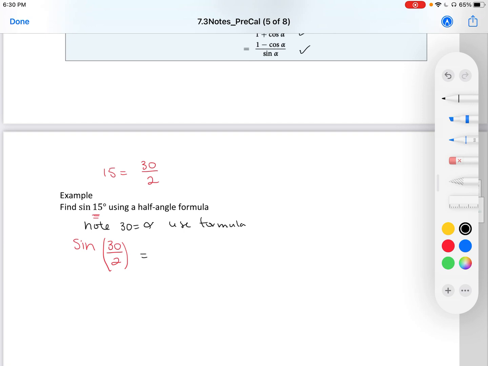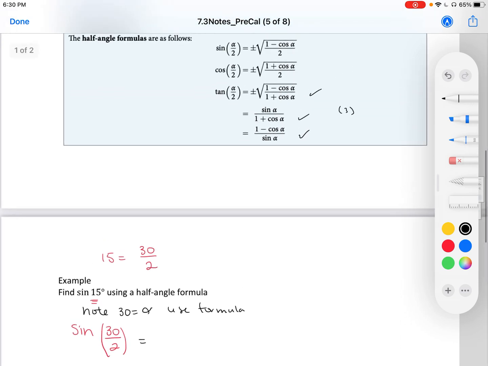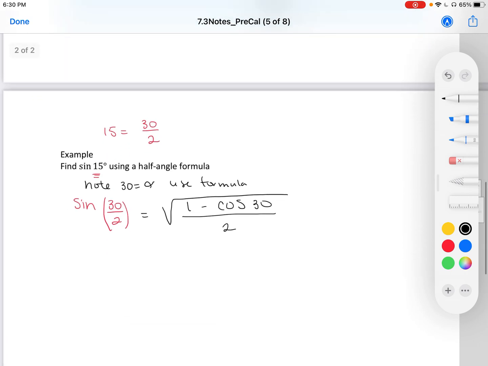So our sine rule right above tells us that we have the square root of 1 minus cosine alpha, where our alpha is 30, divided by 2. All right, so the square root of 1 minus, what is cosine of 30 looking at the unit circle?